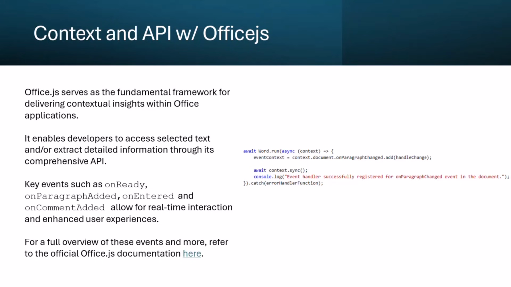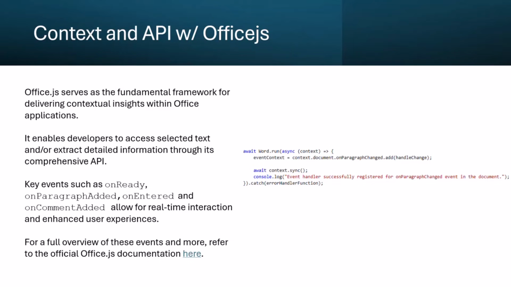And it's a very rich API. It has a ton of functionality in it that allows developers to access things like the selected text, the whole document, to parse through a document. So you might have a 50-page doc and you want to run through every single page and grab the content from it. The API within Office.js allows you to do so.